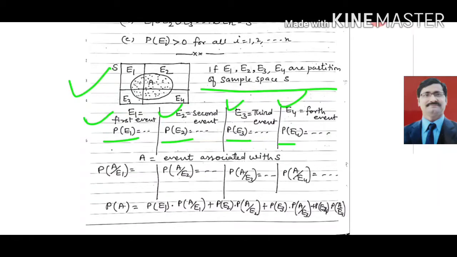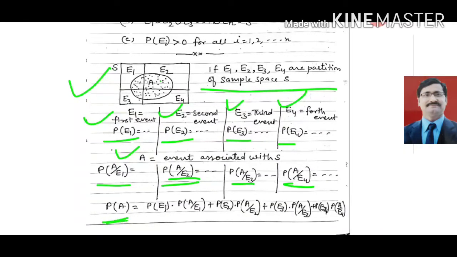Now we will take an event A, which is associated with S. We will find the probability of A when E1 is given, that is P(A/E1), then P(A/E2), P(A/E3), and P(A/E4). Each event E1, E2, E3, E4 is given to you, and we have to find the probability of A.